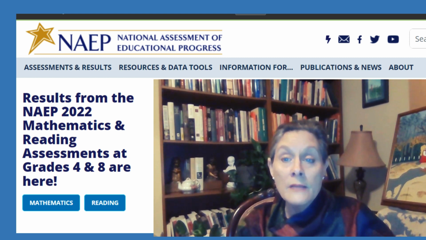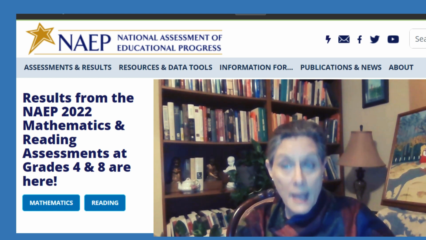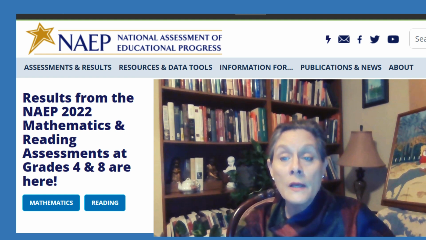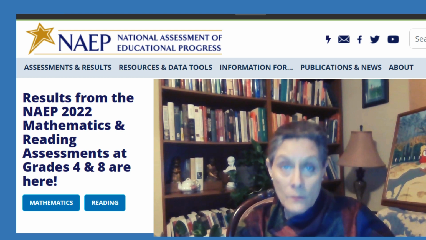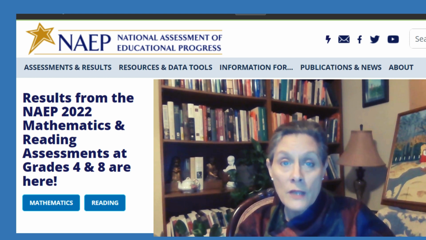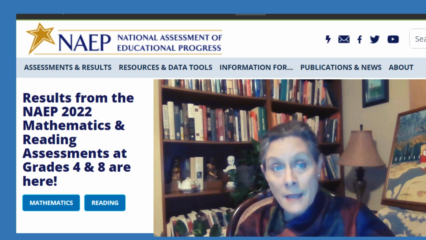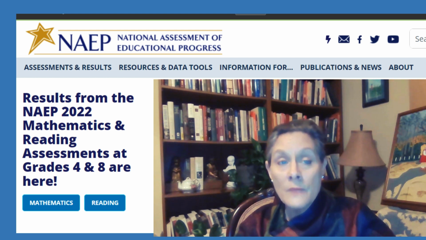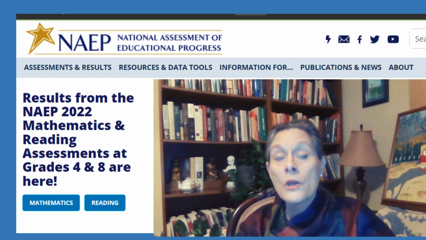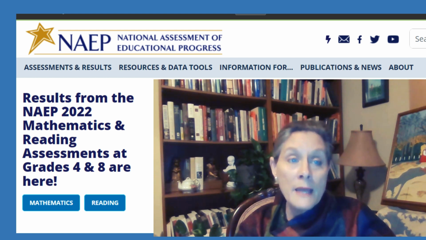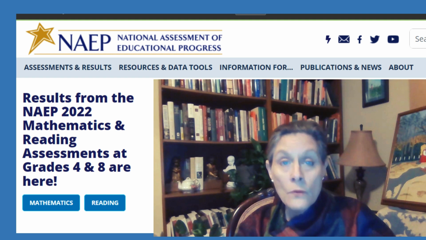The authorizing legislation for the National Assessment of Educational Progress, NAEP, requires that NAEP achievement levels be used on a trial basis until the commissioner of the National Center for Education Statistics, NCES, determines that the achievement levels are reasonable, valid, and informative to the public. The NCES commissioner's determination is to be based on a congressionally mandated, rigorous, and independent evaluation.